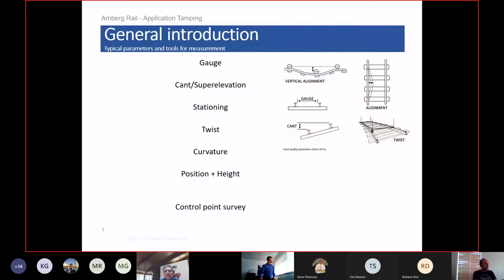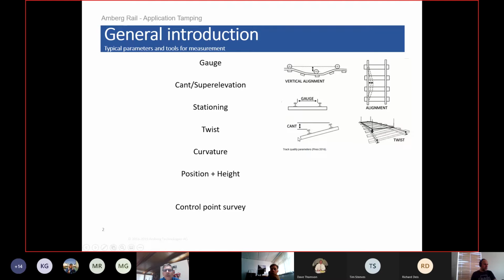Just to give you a general introduction to some rail terminology, these are the rail geometry parameters. You're talking about gauge. Gauge is basically the distance between the rails. Then your cant, or super elevation.